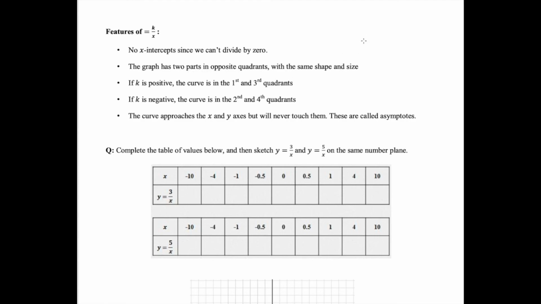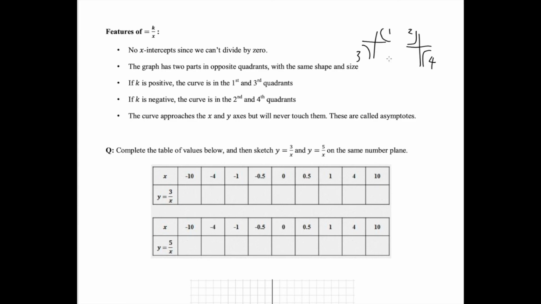Like I said, you can either have a graph that looks like this, or a graph that looks like that, okay? Remember, these are 2 opposite quadrants, because this is quadrant 1 and quadrant 3, and this is quadrant 2 and quadrant 4, right?